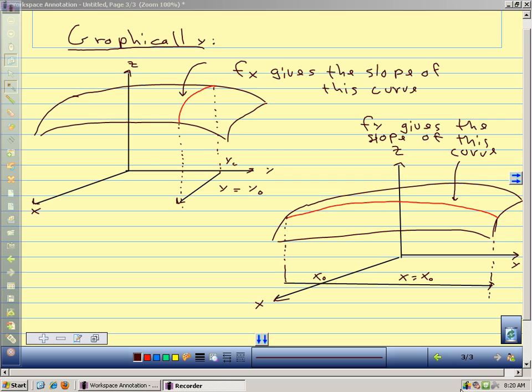All right, so let me give you a pointer here. For the surface, let's look at the partial with respect to x. Looking at the graph of the surface, if you're moving in the positive x direction, are you going uphill or downhill? Up. So your partial with respect to x, if you're going uphill, your derivative is positive or negative?